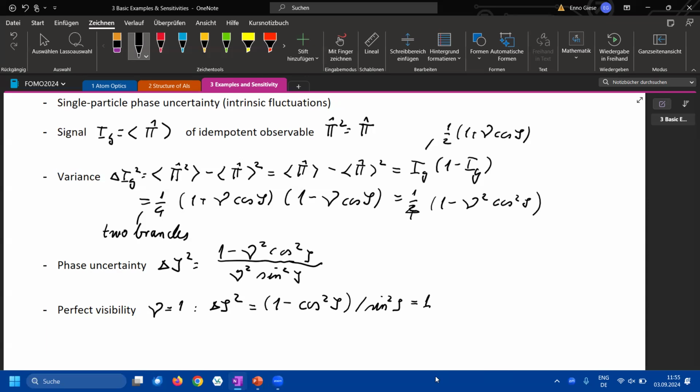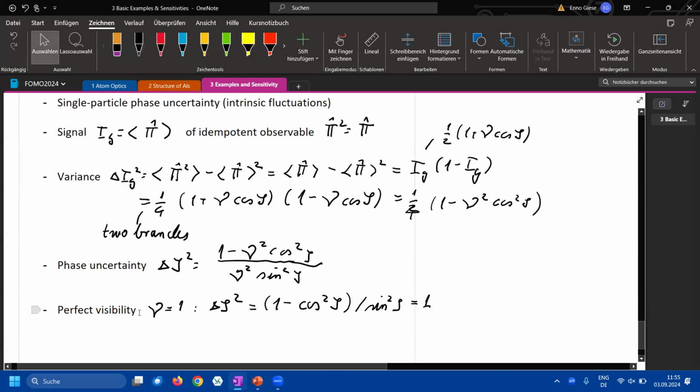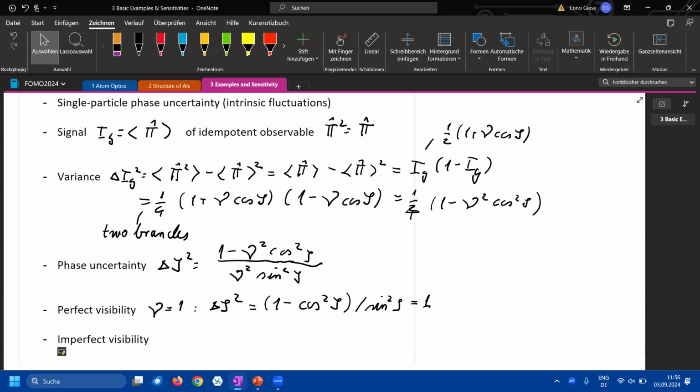However, if we have imperfect visibility, we just look now at the optimal phase. And there we just say, okay, we choose a phase where the denominator is very large. Very large implies sine is very large.